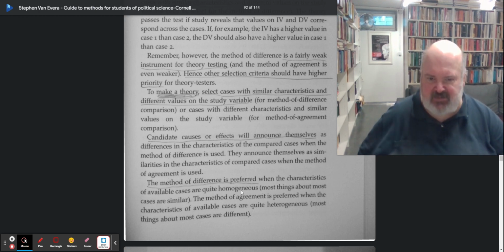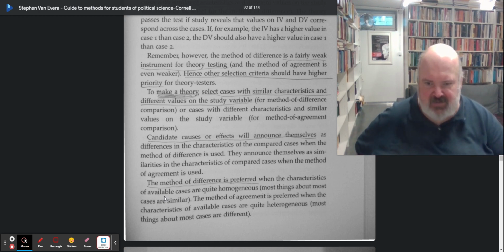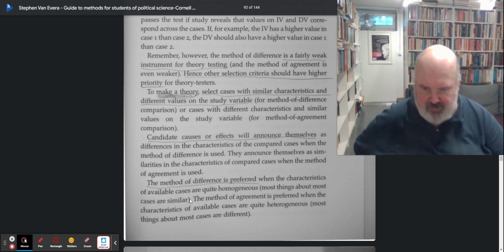The method of difference is preferred when characteristics of available cases are quite homogeneous. So if the cases are quite homogeneous, that is, most things about the cases are similar, pick the method of difference. The method of agreement is preferred when characteristics of cases are mostly heterogeneous, that is, most things about the cases are different.